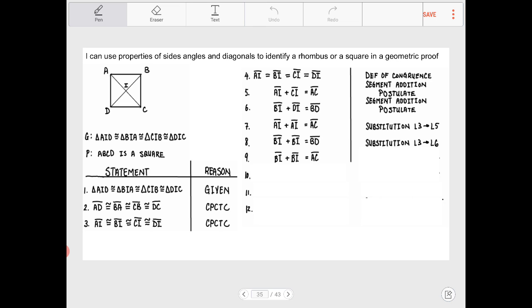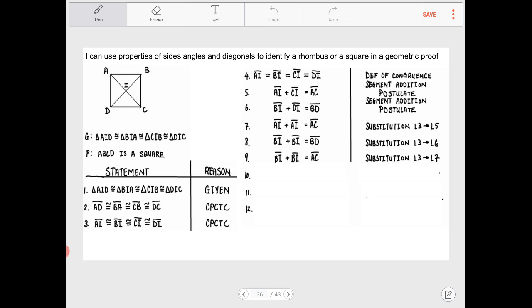That's also from line 3. So I can replace AI plus AI equal to AC because AI is really the same thing as BI. I can rewrite line 7 by using the information from line 3.